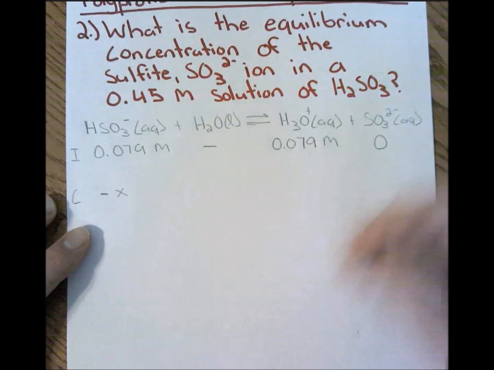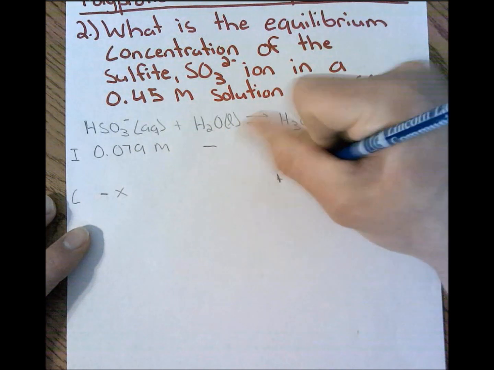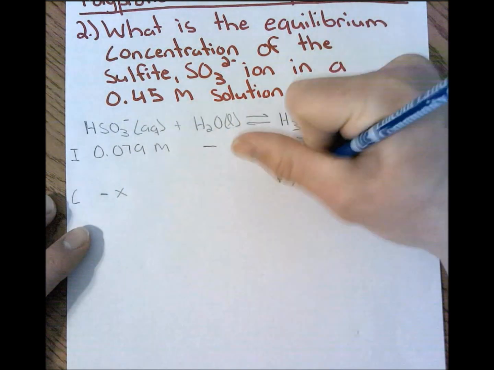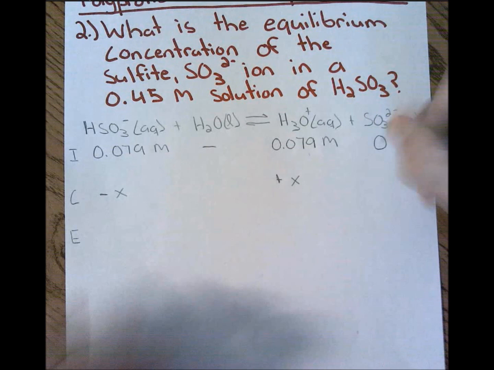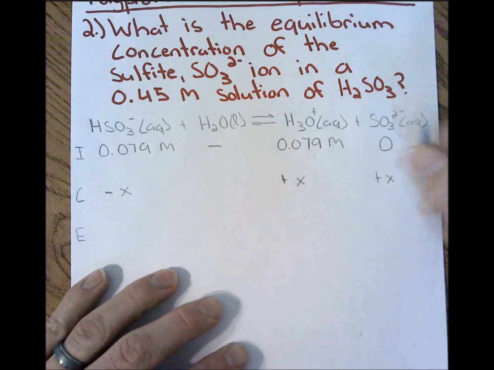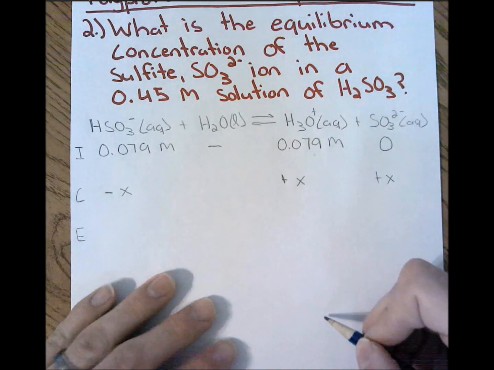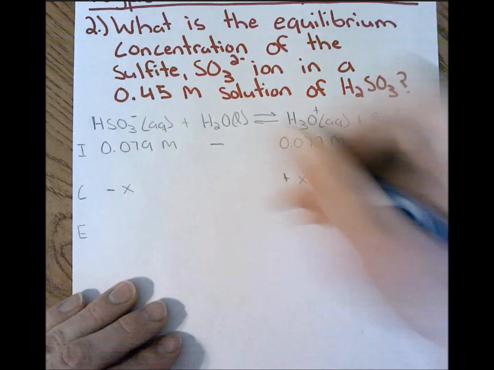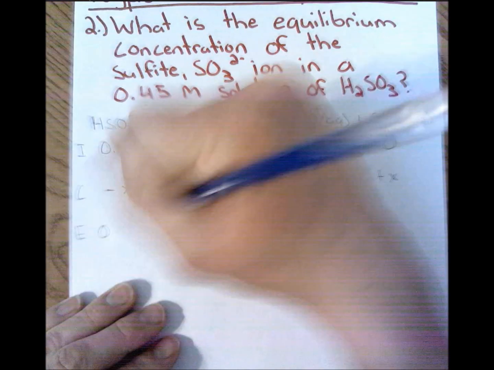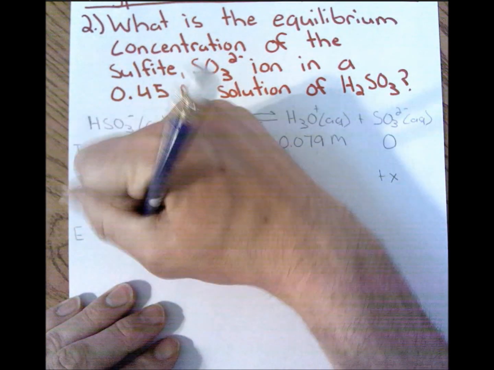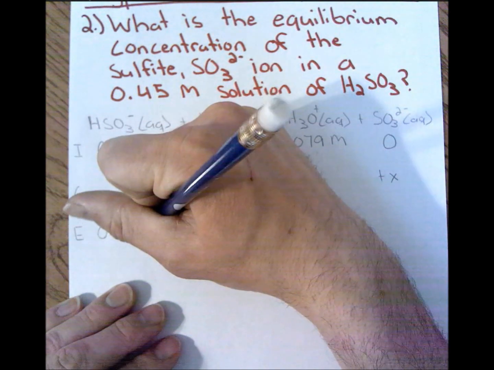So at equilibrium, we end up with 0.079 minus X. I'm even mistaking myself here. We have 0.079 molar plus X, and then X just for SO3 2 minus.